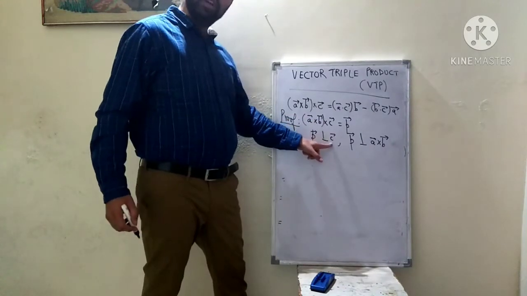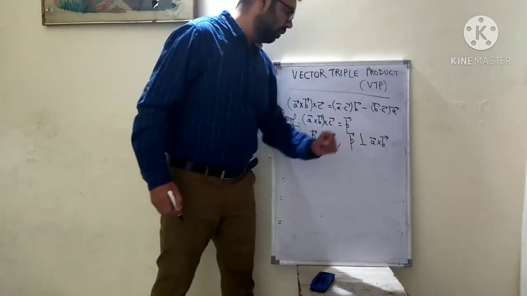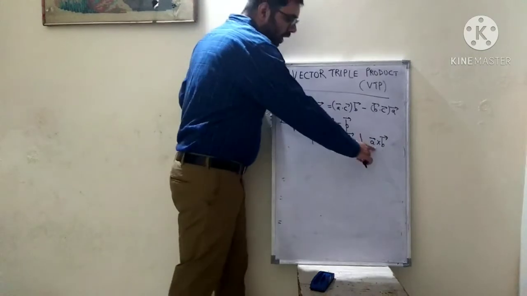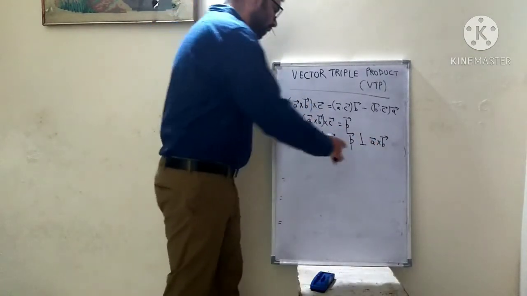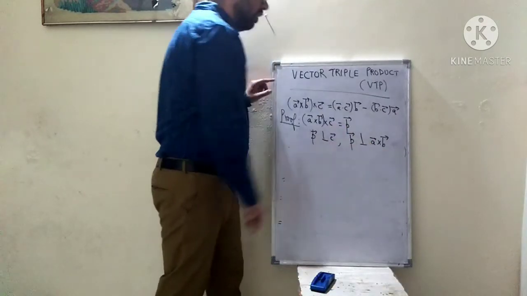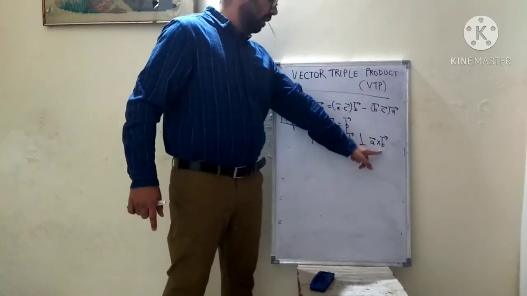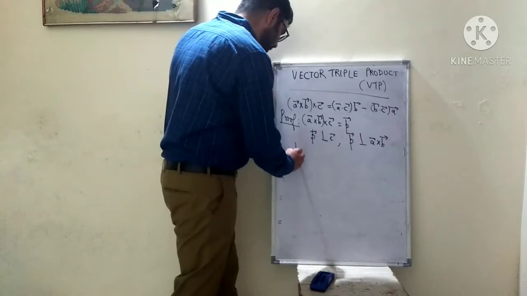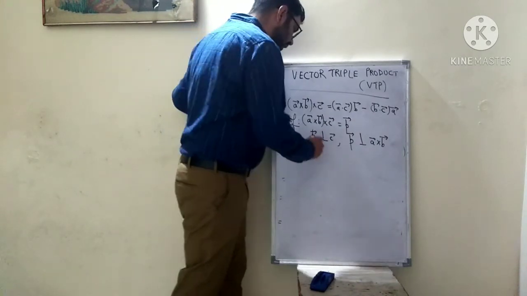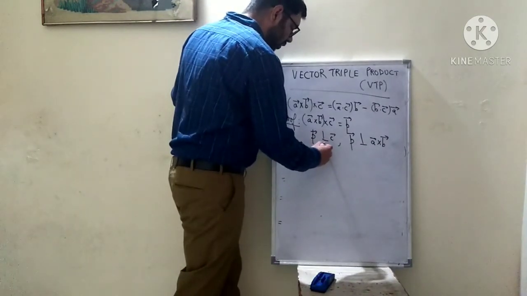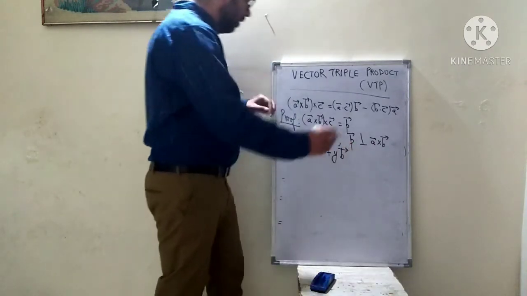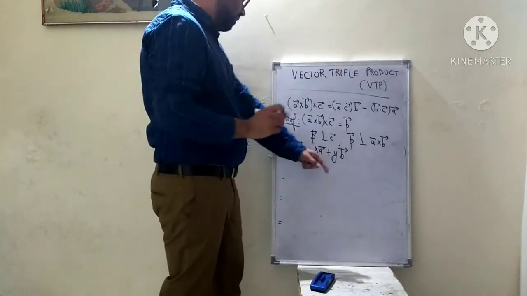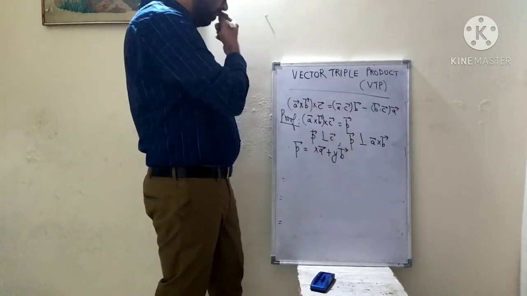Now A cross B is a vector which is perpendicular to the plane of A and B, and P is perpendicular to A cross B, which means P must lie in the plane of A and B. So we can write this as x A vector plus y into B vector.